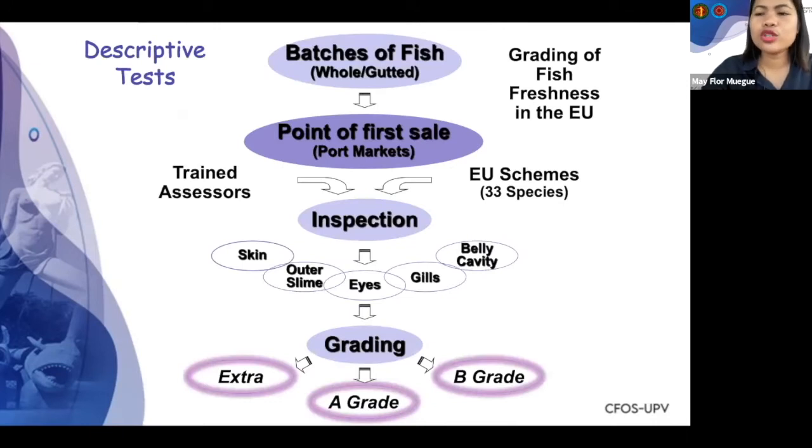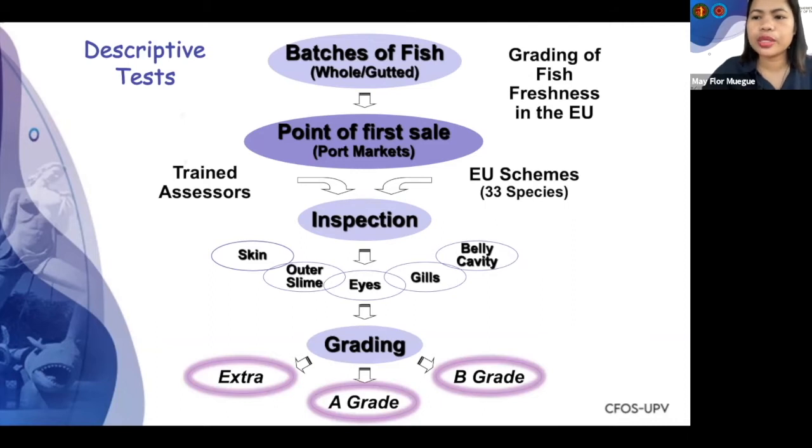Ayan. So this one shows the descriptive test, no? Ito, dinidescribe talaga. As the name implies, dinidescribe yung product. So, dito, ginigrade yung freshness of fish, using the EU scale.